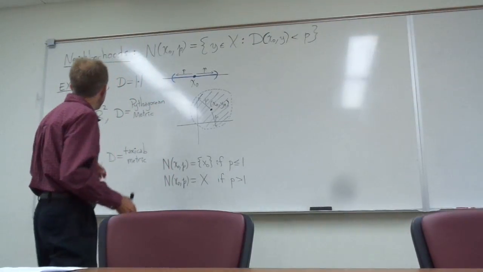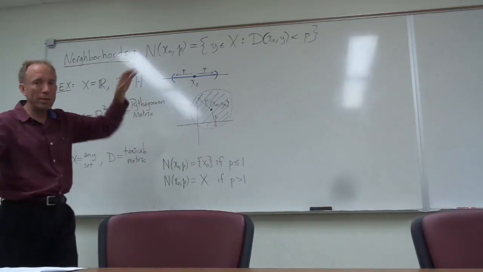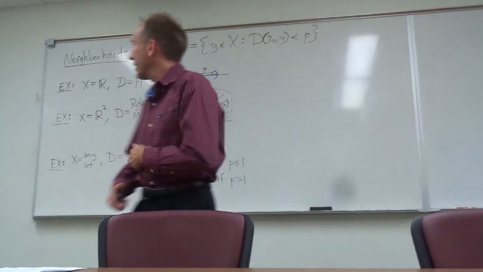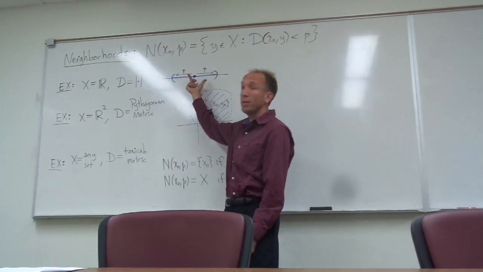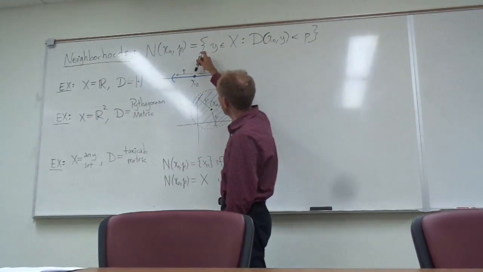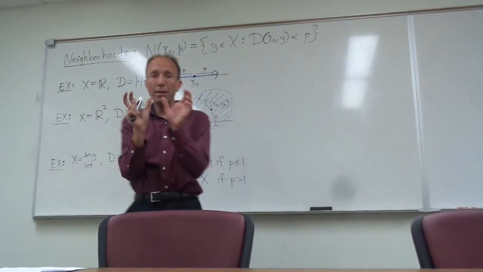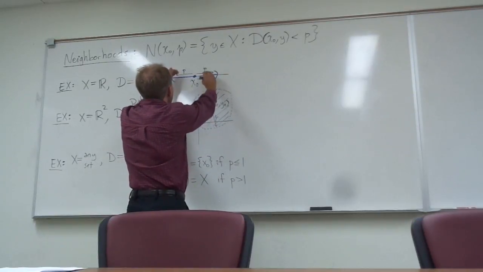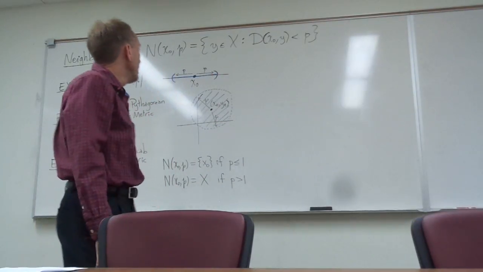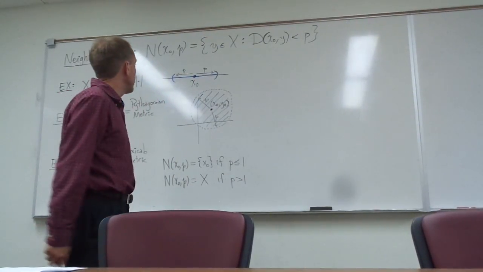There are several examples. If you go to the classic real number line with the absolute value metric, that's kind of the most familiar example, then your neighborhoods just look like open intervals. Every time you pick a point x naught here, the radius of the interval being p on each side of x naught, that open interval that I've highlighted here in blue is a neighborhood.